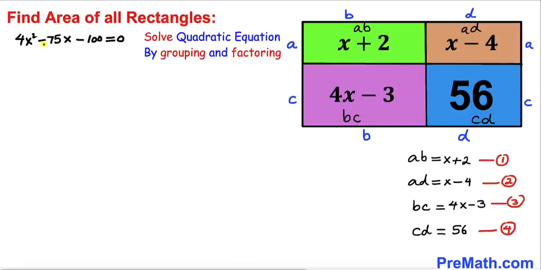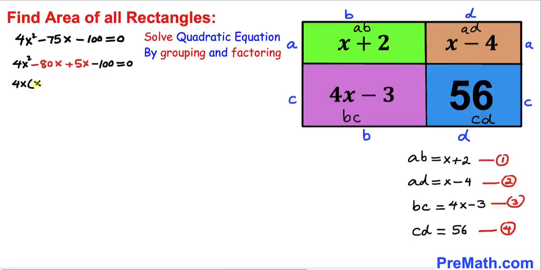Now we are going to tweak this part. Negative 75x could be written as negative 80x plus 5x. And now we can see we have 4x in common between the first two terms, and over here we have a 5 in common. So let's factor out 4x.